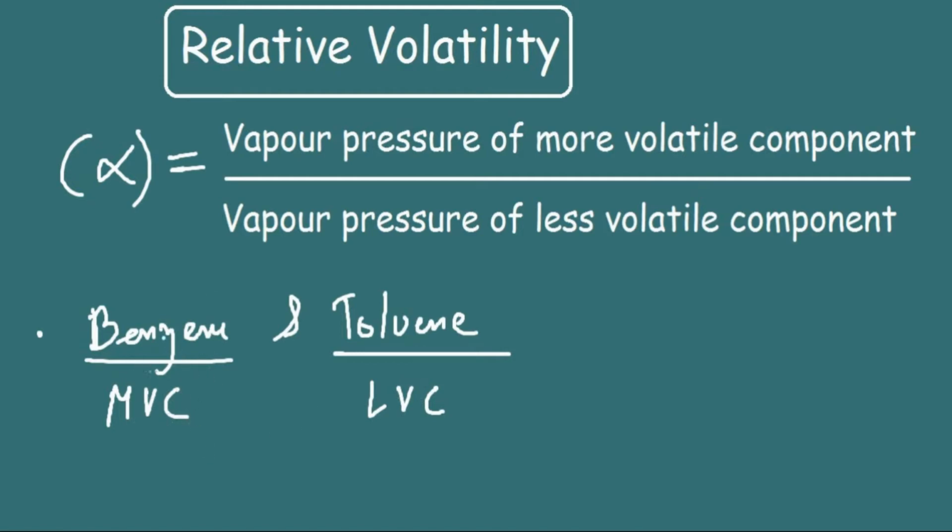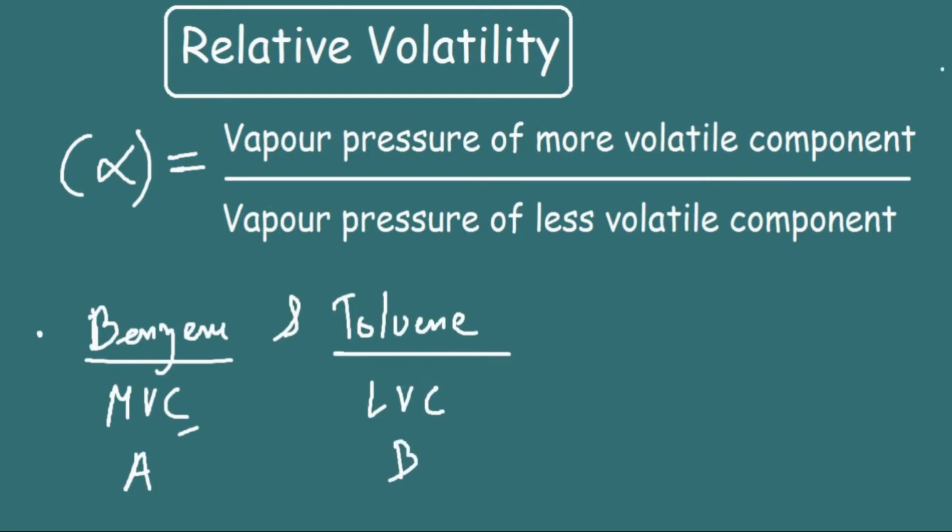Benzene has a lower boiling point than toluene, hence I call it the more volatile component. Basically, benzene has a higher tendency to stay in vapor in comparison to toluene when I have a liquid mixture of benzene and toluene. This is what makes benzene the more volatile component. I will name this more volatile component as species A and the less volatile component as species B.